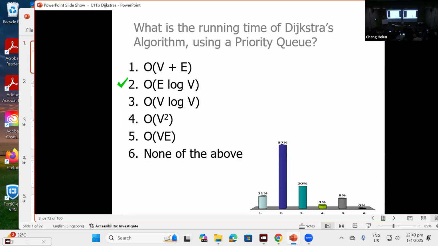That means for every edge you relax once, which is good. But after relaxation of each edge, you may need to update the vertex, which is decreasing the key, and that takes log V time. So the whole algorithm is V log V plus E log V.